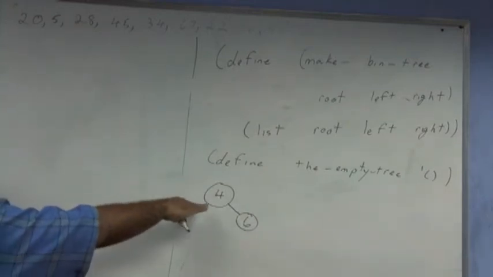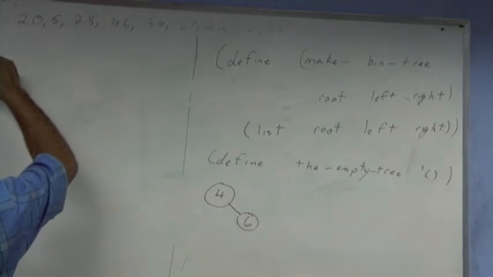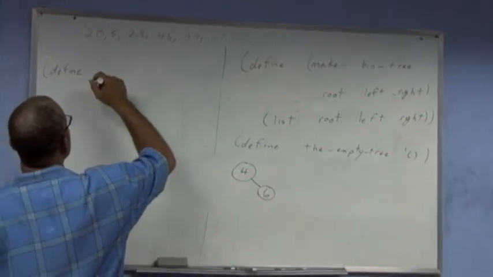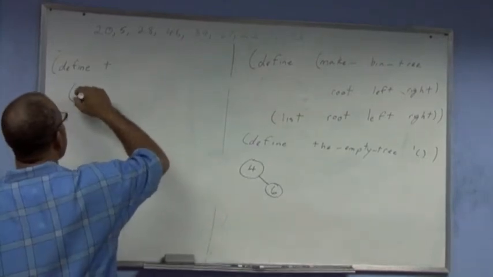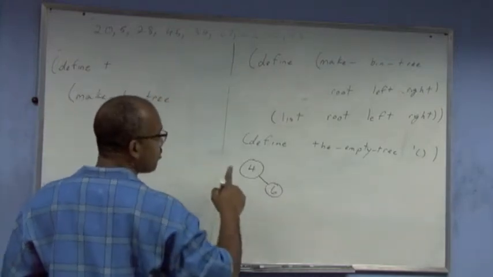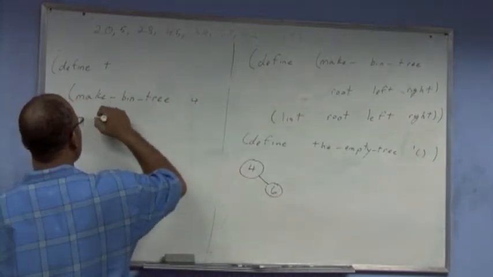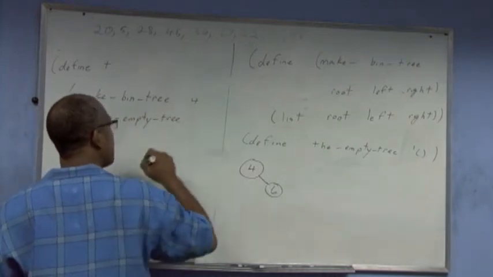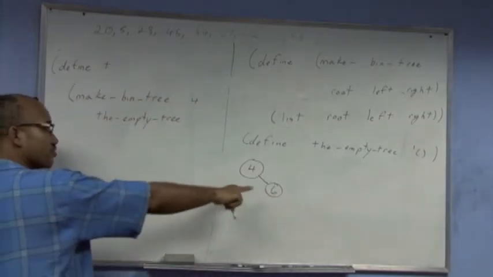So if I am actually creating that structure, let's call it T, as make-bin-tree. My root should have value 4. My left subtree would be the empty tree. And my right subtree would be another node, so I'm going to call make-bin-tree for that.